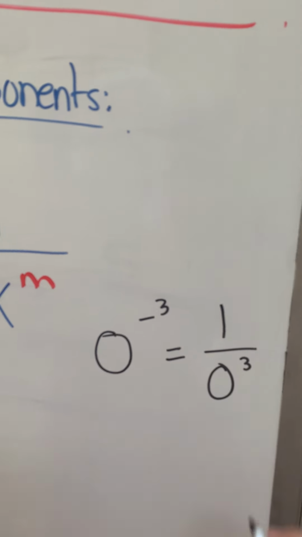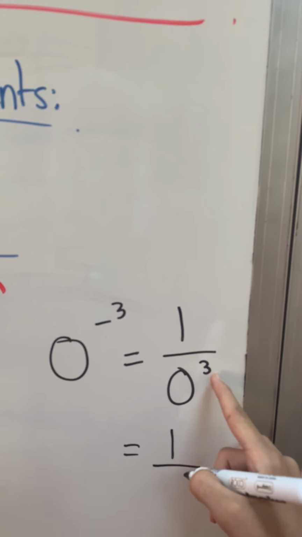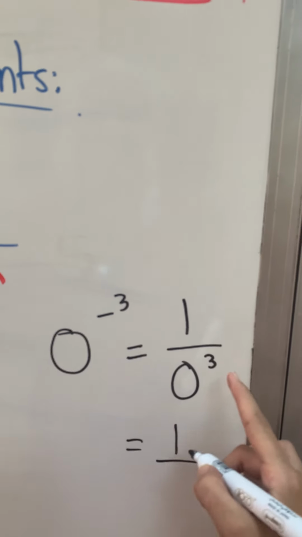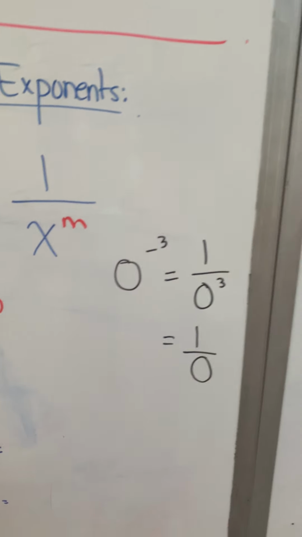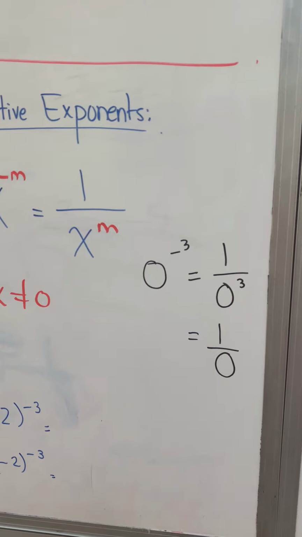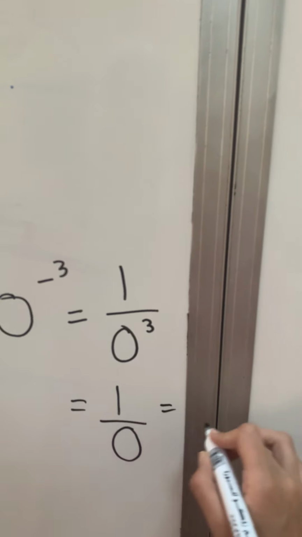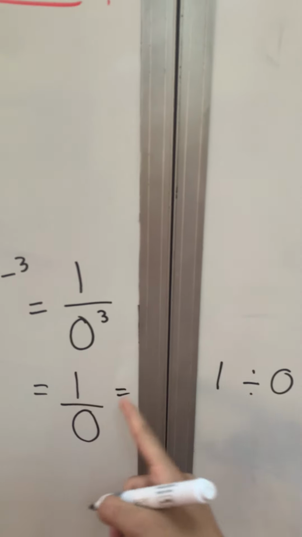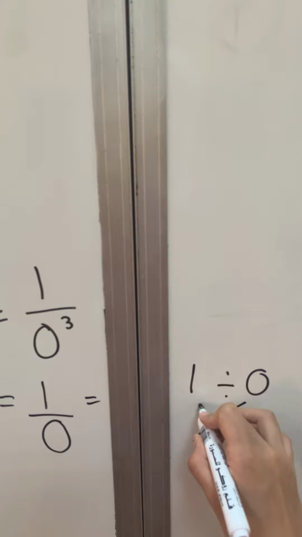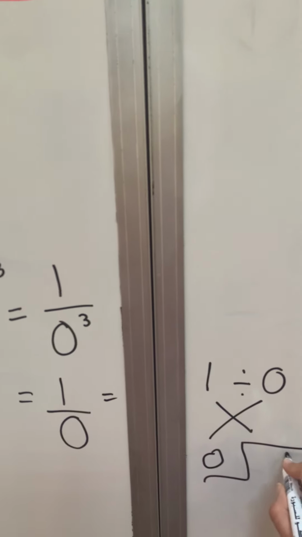Now, this is equal to 1 over, now 0 raised to any positive power is 0, because 0 times 0 times 0, 3 times, gives me 0. Pay attention that this is the denominator. I cannot have a 0 in the denominator. Why? Because this is equal to 1 divided by 0. Remember, fraction means division. So when you do this, the Kung Fu method, you put the 0 here and the 1 here.